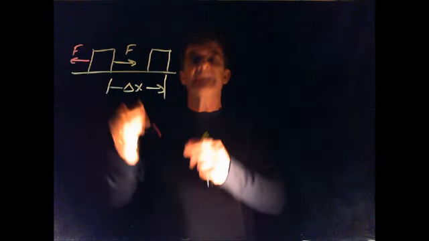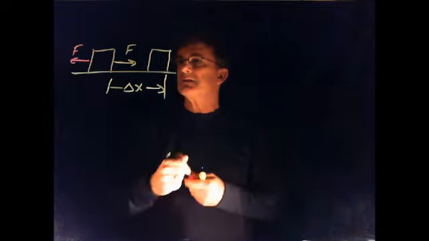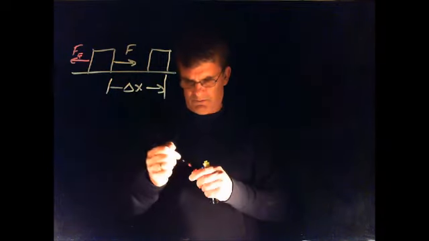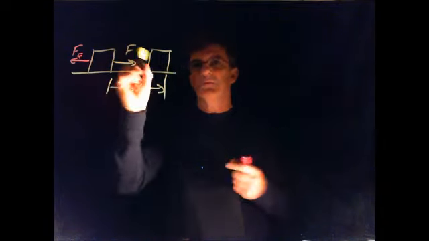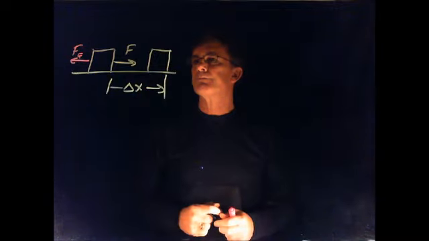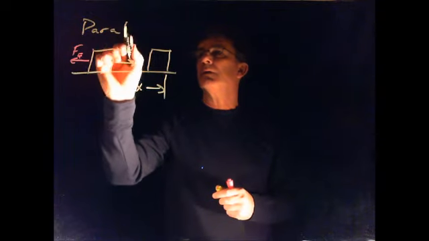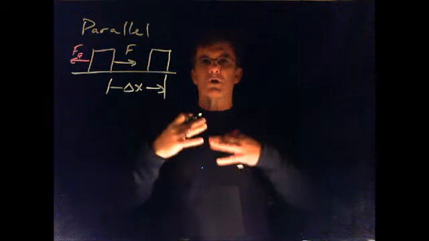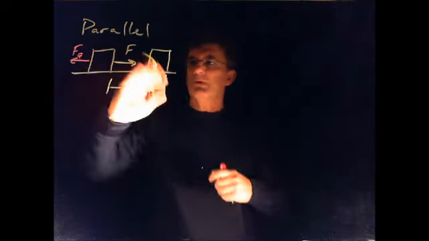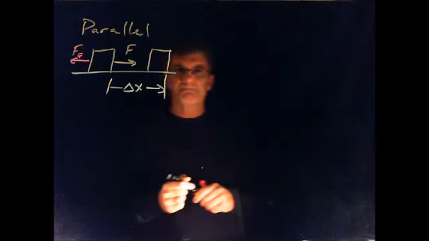Let's say it's sliding already, and this could be a frictional force, and this is some type of pushing force or pulling force. This is what I meant by parallel. Both forces are parallel to motion. It could be with it, or it could be completely against it.